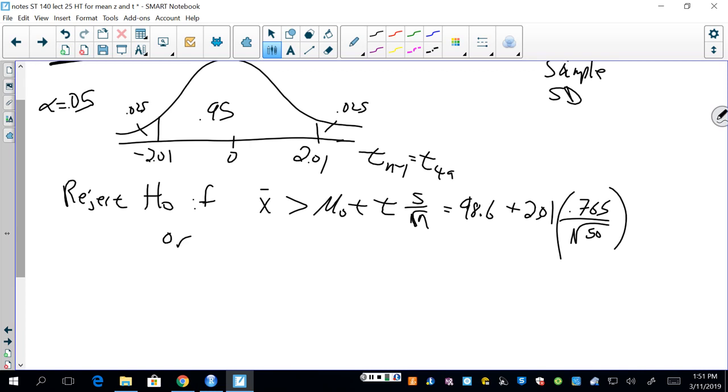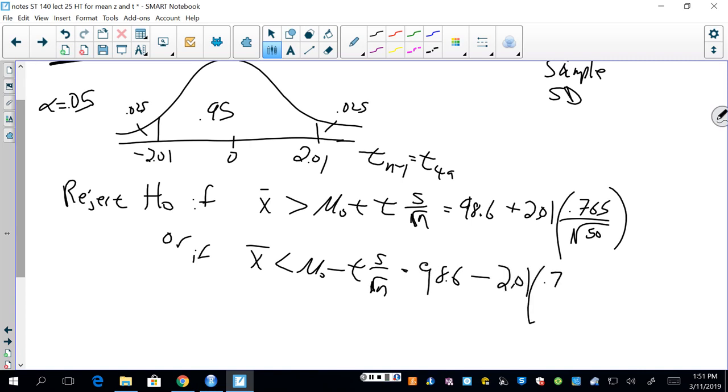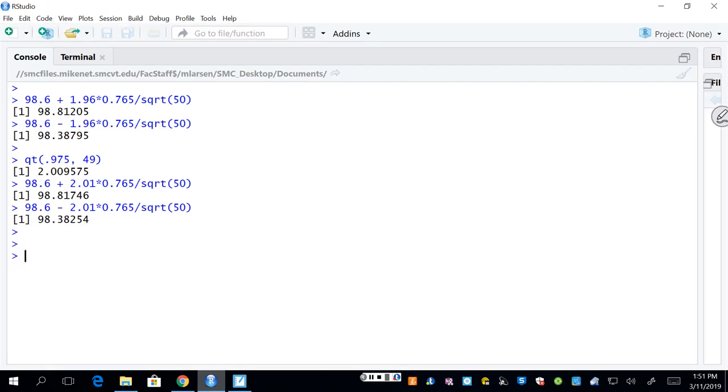If it's greater than that, or if x bar is less than mu sub 0 minus that same t-value, 98.6 minus the 2.01 times 0.765 over the square root of 50. So 98.82, or 98.38, 98.39. This one should be 98.39.